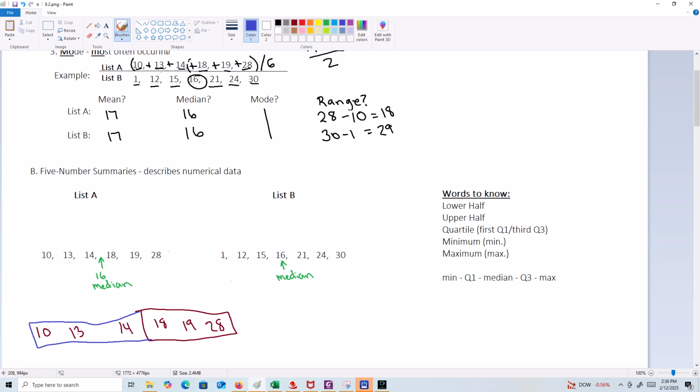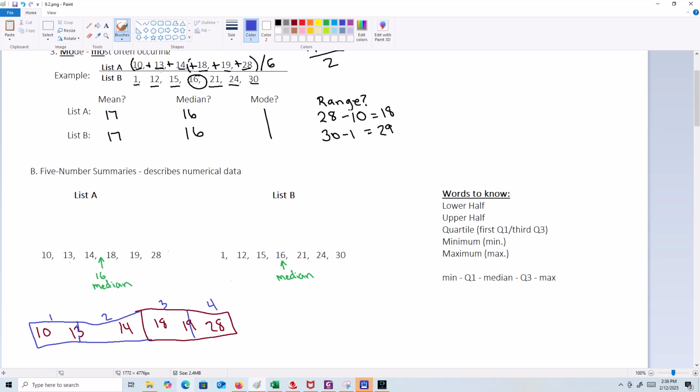Now I have two rectangles boxed around those lists. If I were to divide each of those rectangles in half, I would have one half there and one half there. So now I have this list divided up into four.